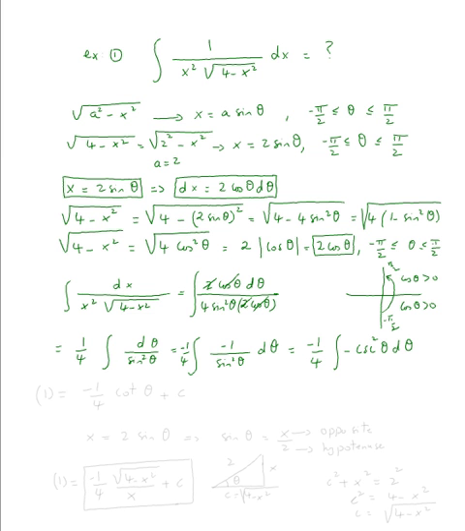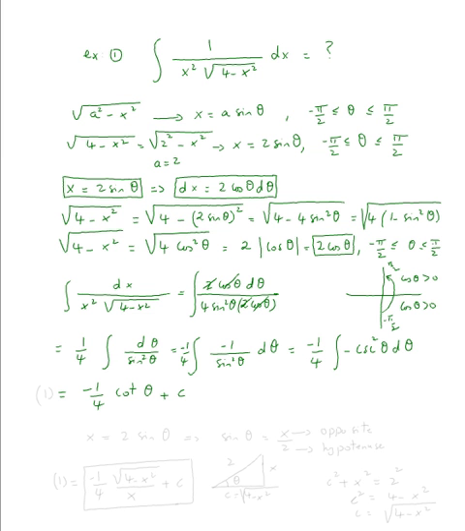Now we know the integral of a negative cosecant squared is just cotangent theta plus some constant.